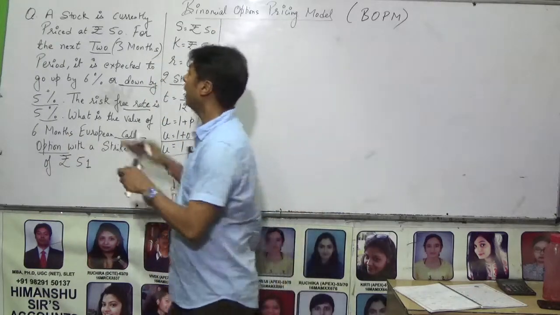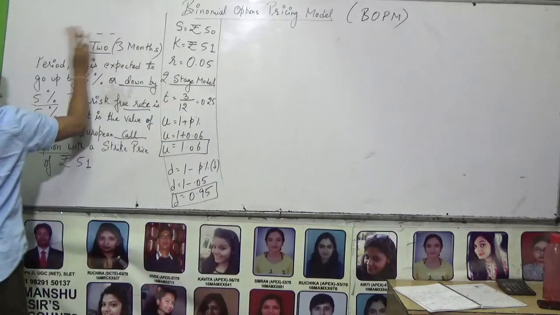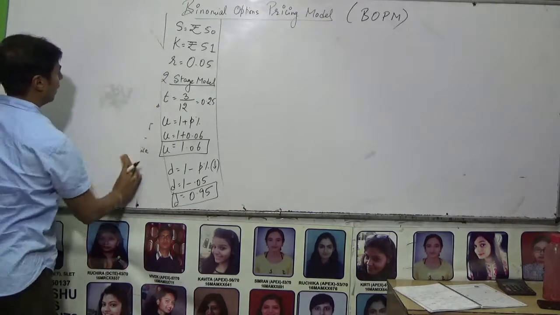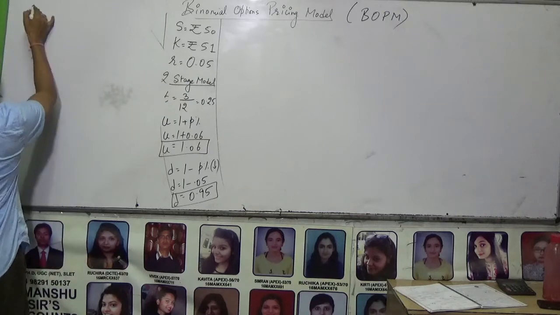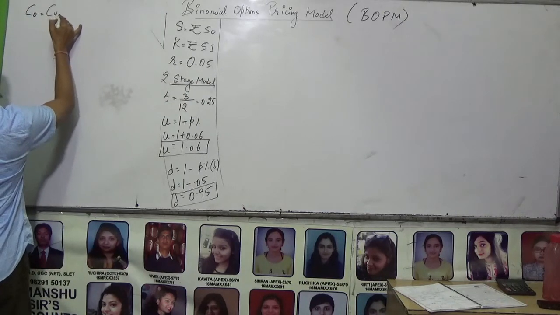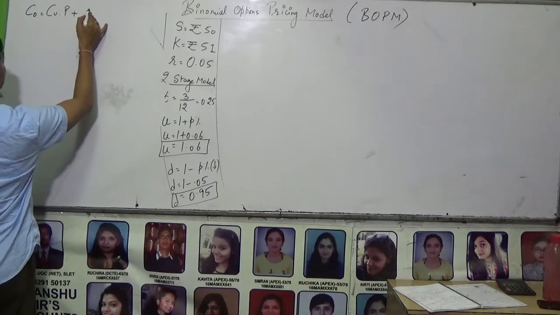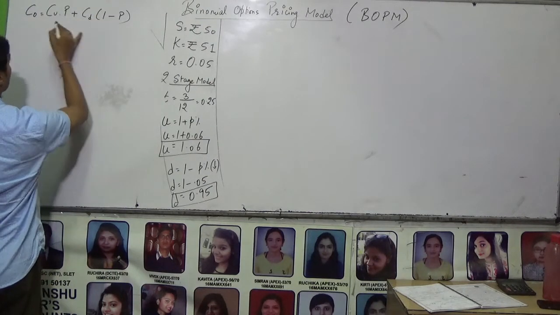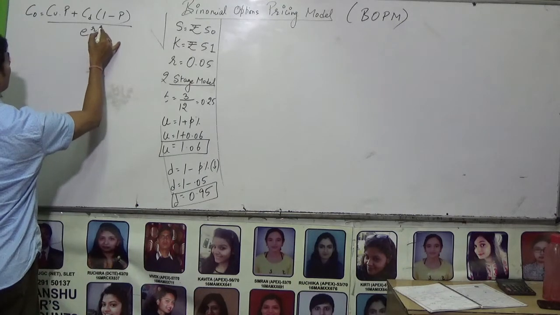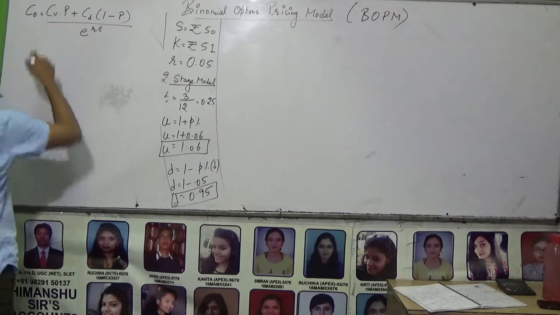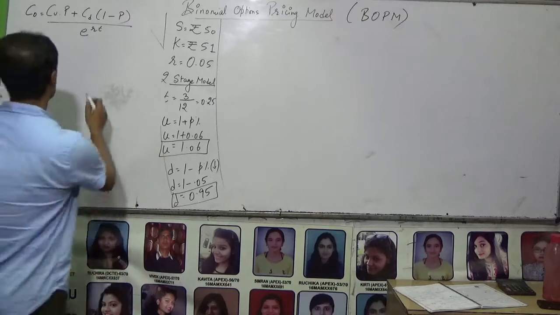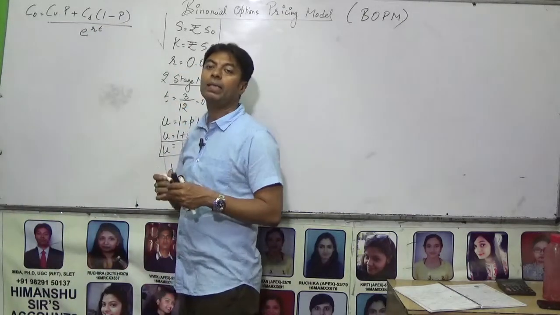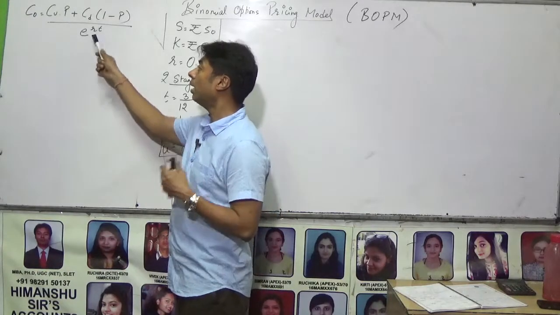You must remember that the value of the call option has to be calculated with the help of this formula, which is CO equals CU into P plus CD into 1 minus P, whole divided by e raised to the power RT.